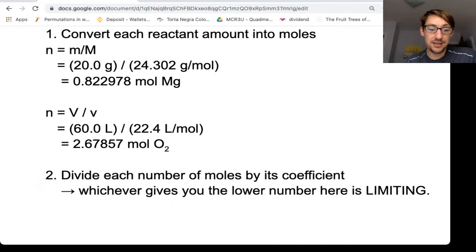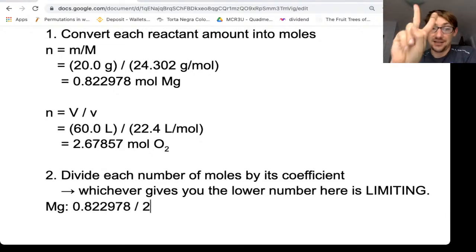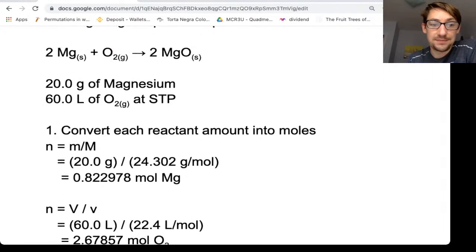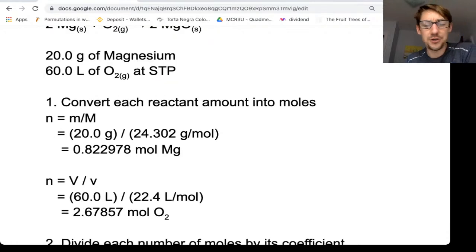For Mg, I take my 0.822978, and I divide it by 2. That 2 comes from the balanced equation that I had before. It's the number in front of it.